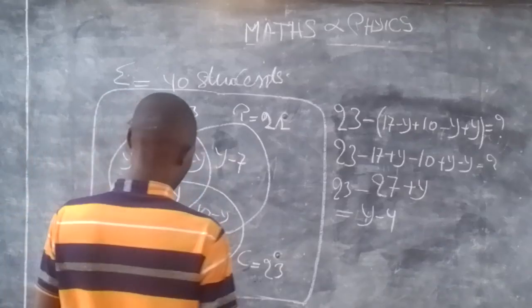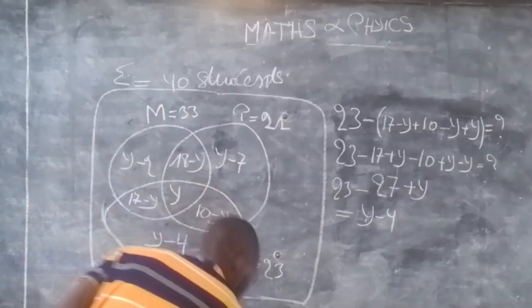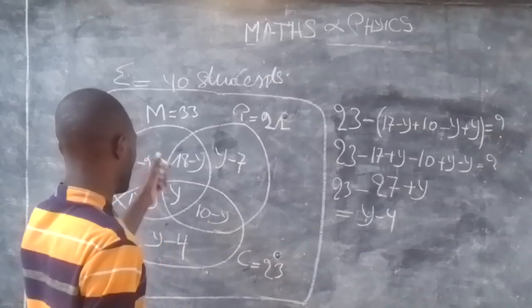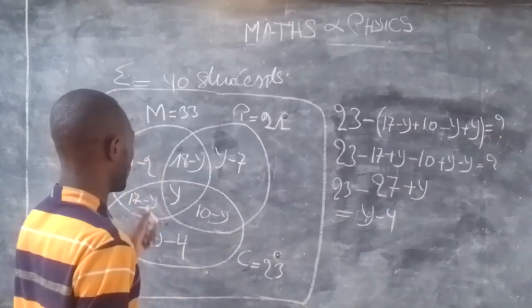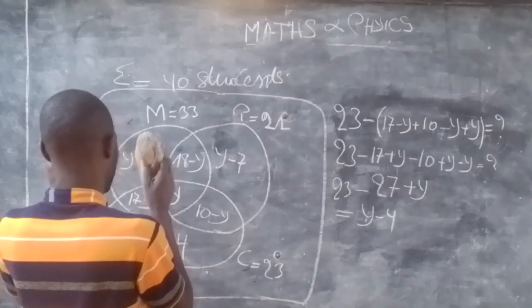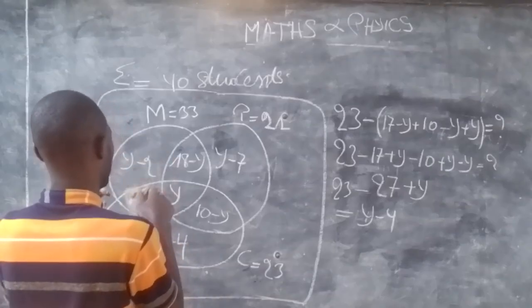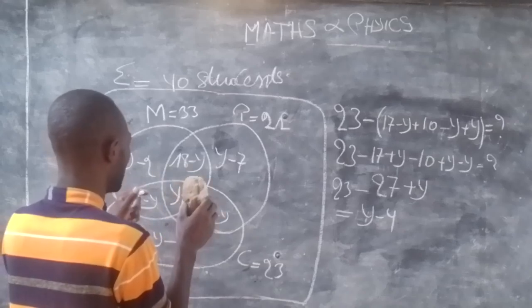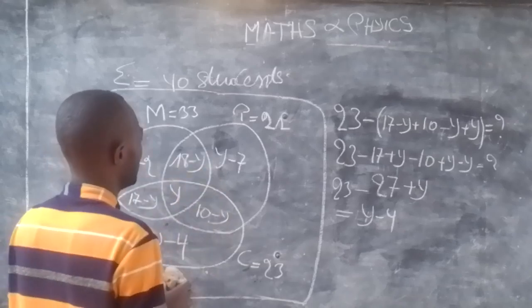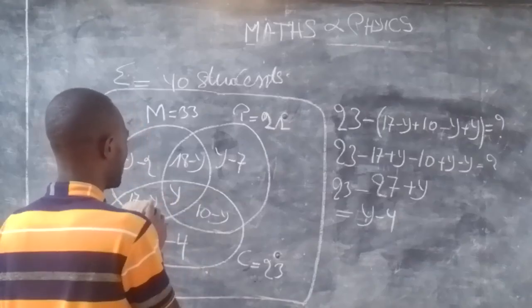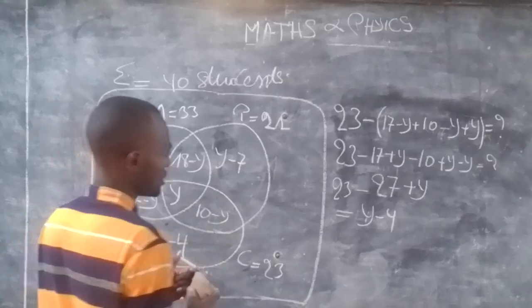So what we are going to do here is determine the intersection of all three subjects, in order to get the number who participates in mathematics only and the number who does not participate in physics. Let's determine that intersection for all three subjects.